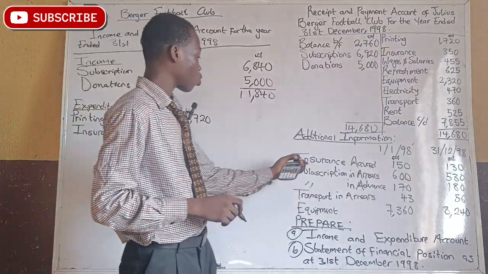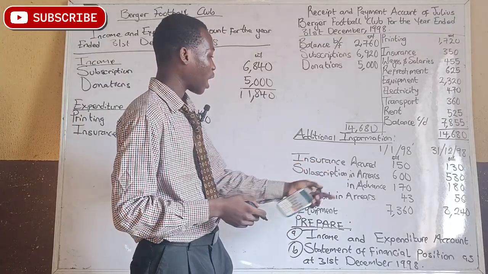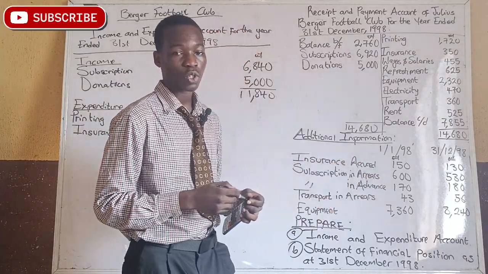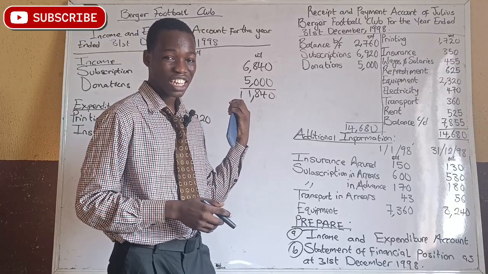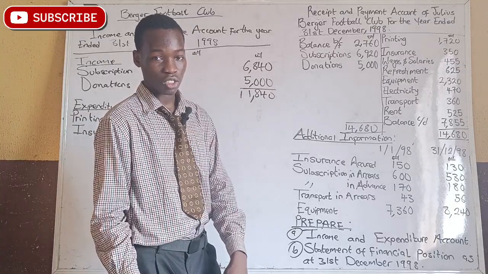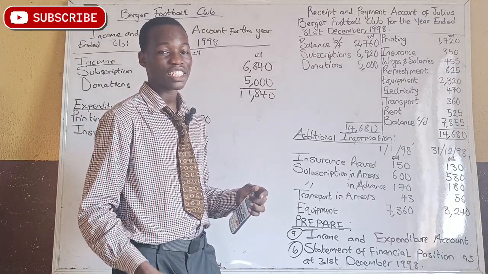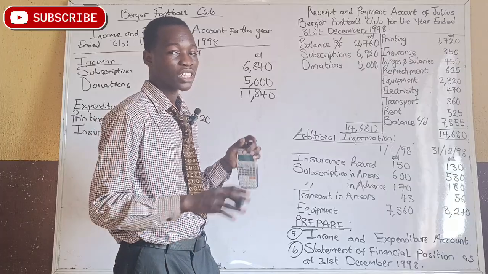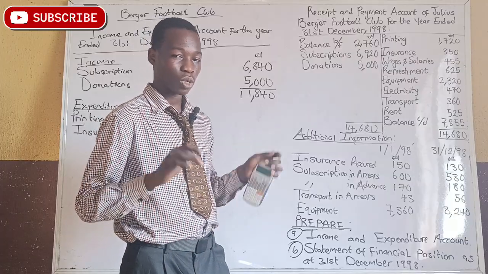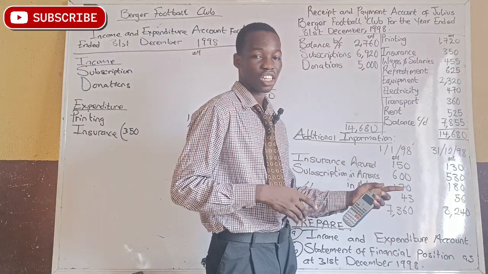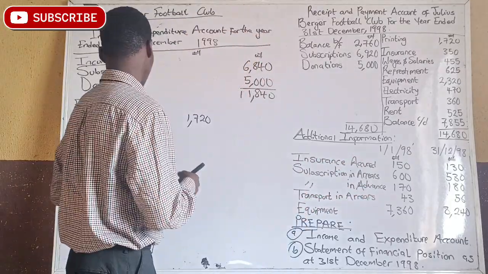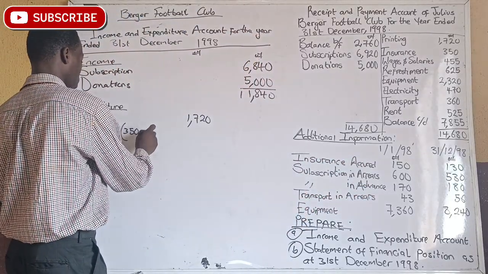Then insurance accrued simply means insurance owing. At the beginning, I said any amount you are owing at the beginning of the year is not for that year, it is for last year. It was brought forward to this current year. Anything that is for last year, you subtract it from the cash. Anything that is for this year, you add it to the cash. That's the logic. So since this is for last year, subtract it from the cash, we have minus 150.